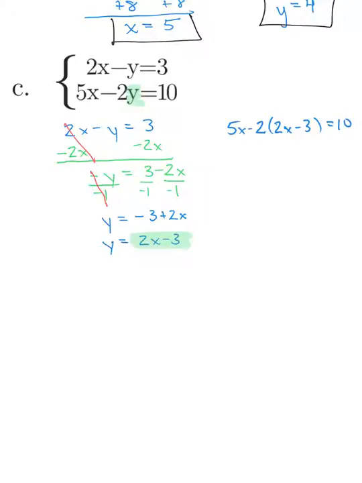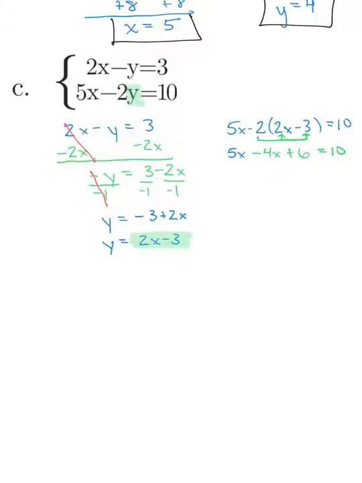From here, we can go ahead and distribute the -2. We get 5x. We're going to bring that down. We get -2 times 2x is -4x. And -2 times -3 is +6.